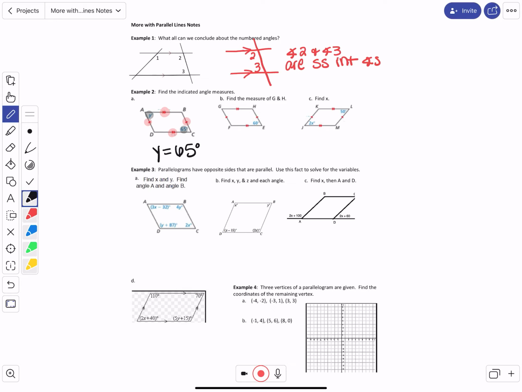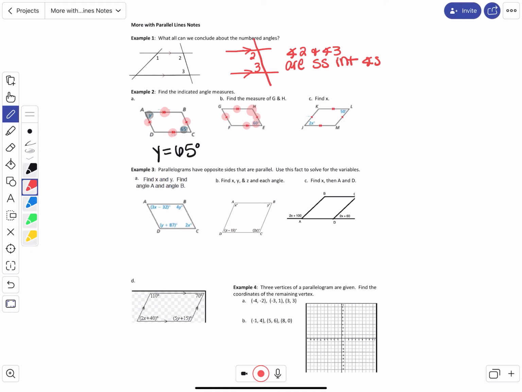Okay, on B, it wants us to find the measure of G and H. Well, if this is 60, we know that these lines are parallel and these lines are parallel. If this is 60 degrees right here, then those angles are same side interior angles. So those two angles would have to be supplementary.